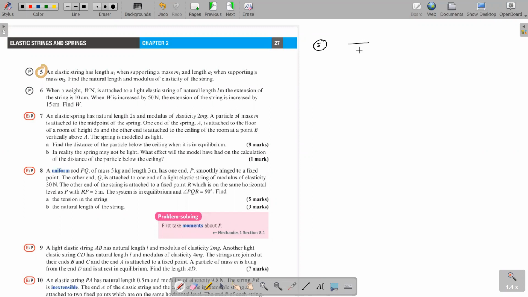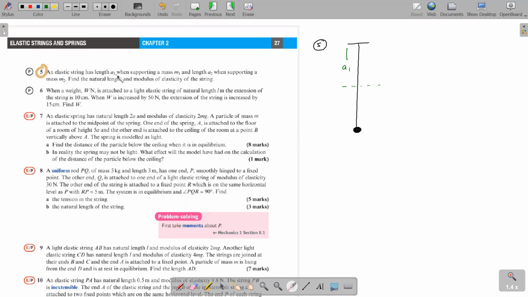There's an elastic string, and I'm going to draw it with the mass. When you place the mass, the string will extend. Natural length is not A1. Natural length is what we are supposed to find.